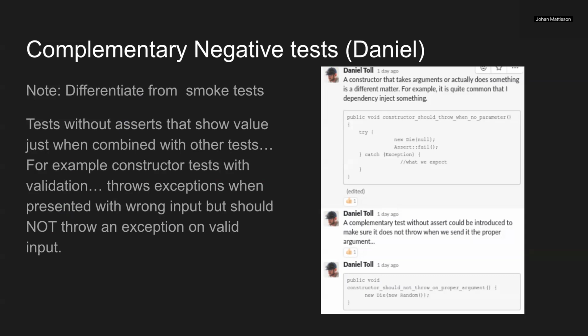But if we do the other way around, we don't get an exception. So we could write these for construction if we want to test constructions in different ways, which can be kind of tricky to do if you have factory methods. Certain languages make it kind of tricky.